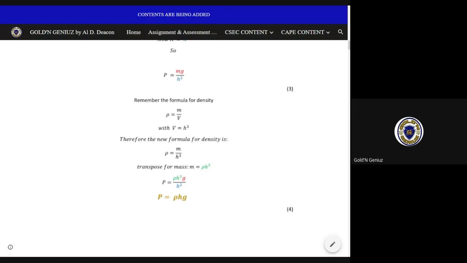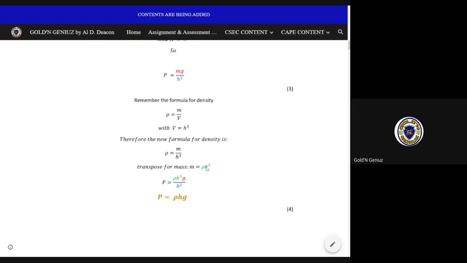Now we're dealing with volume, length times length times length, so height cubed. So mass is equal to density, which is this P-looking thing called rho, times volume, but the volume is not V. The volume is H cubed.